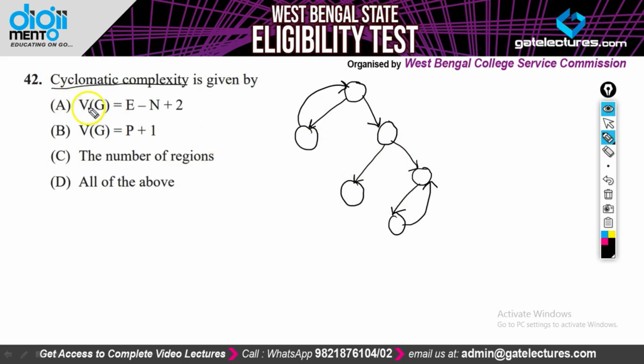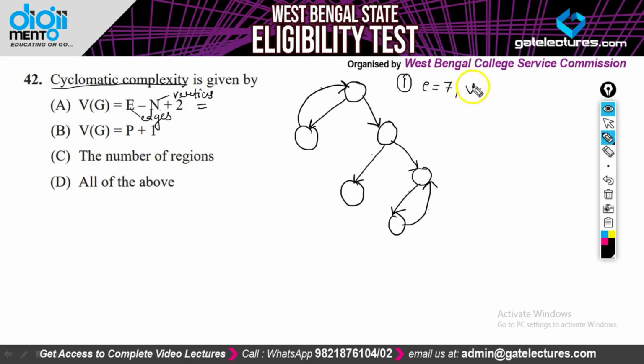Okay, now the first one is saying Vg equals E minus N plus 2. Here E indicates the number of edges, and N indicates the number of vertices. So if I see how many edges are there: 1, 2, 3, 4, 5, 6 and 7. So E equals 7. And how many N are there?